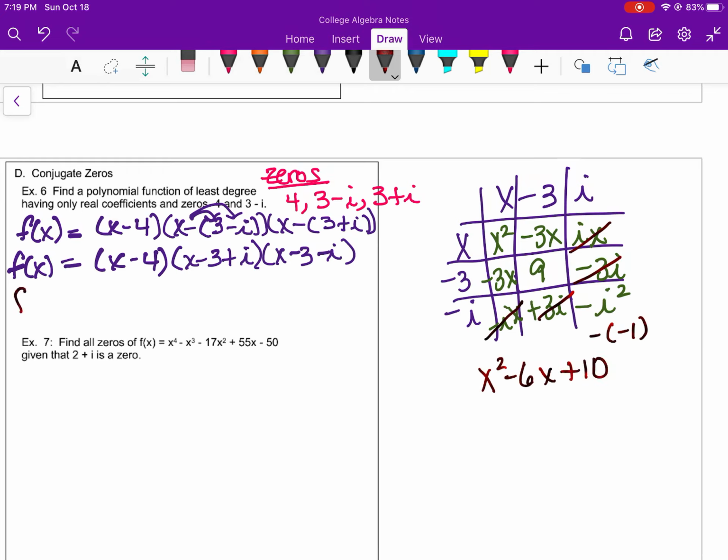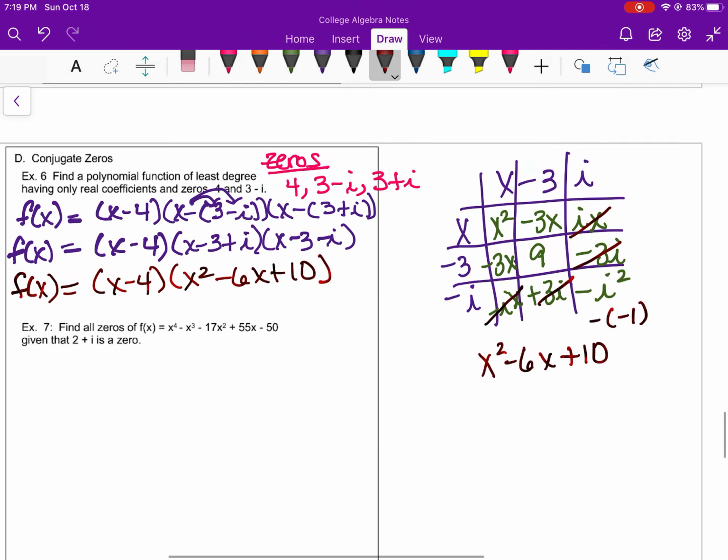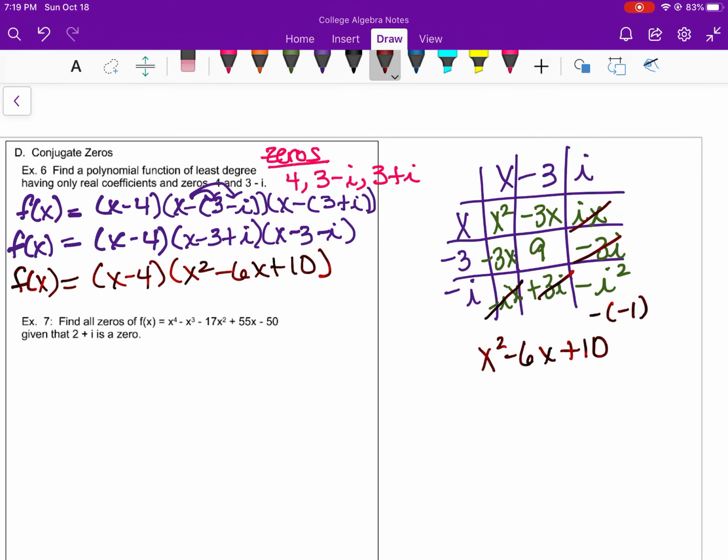And then I'm going to be multiplying that by x minus 4. You can do a table again for this, or you can just multiply it right through. I think since I've got it set up here, I'll go ahead and do a table.